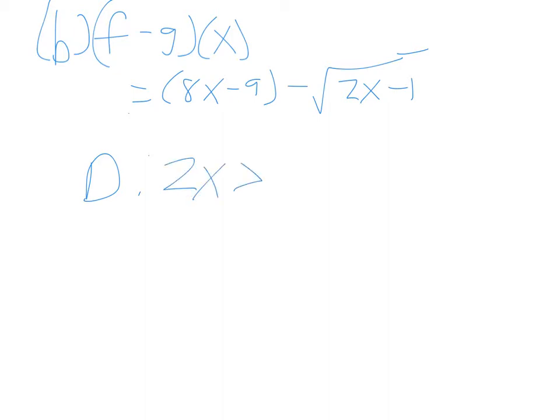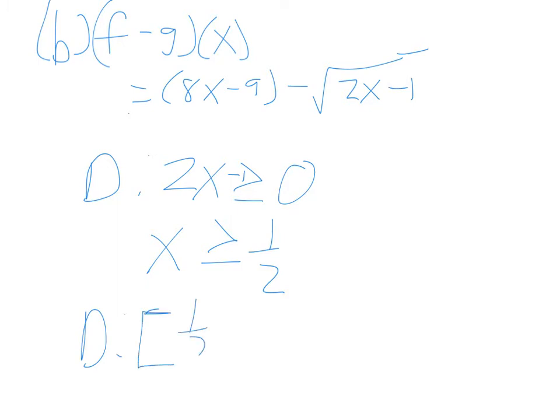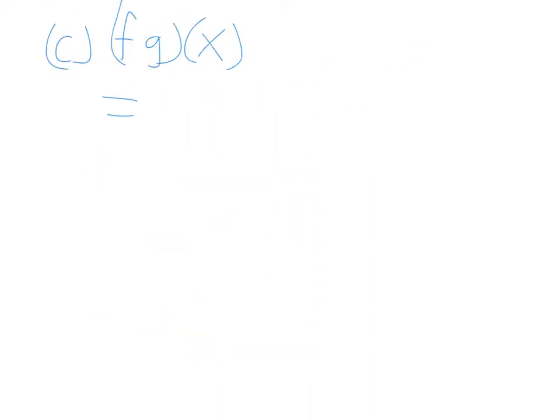So the 2x minus 1 must be greater than or equal to 0 because it has to be non-negative. So x must be greater than or equal to 1/2 if you remember from earlier, so the domain would be from 1/2 to infinity.